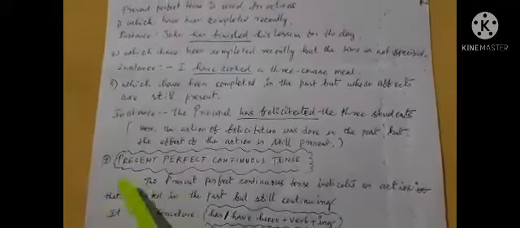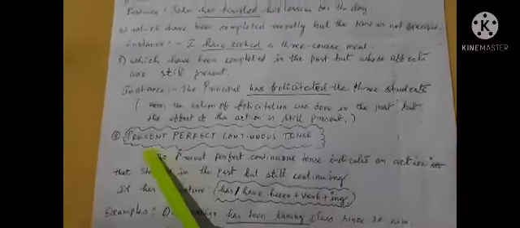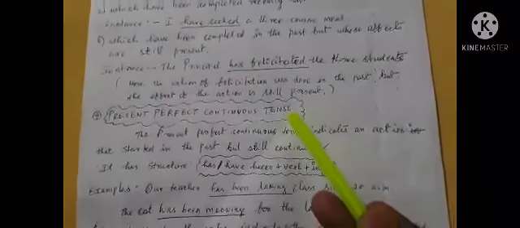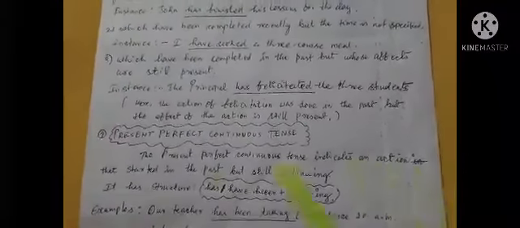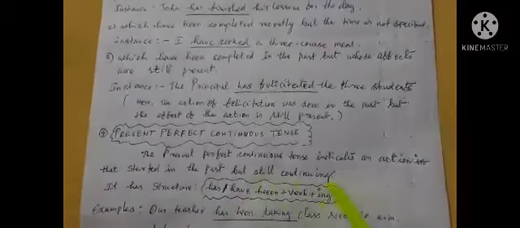And now we shall discuss the last type of tense, that is present perfect continuous tense. The present perfect continuous tense indicates an action that started in the past but is still continuing.